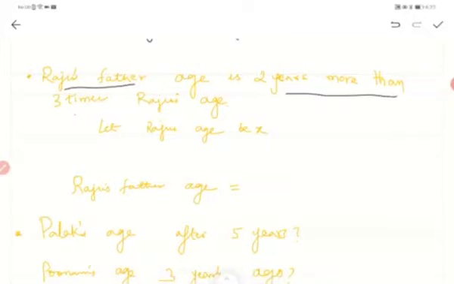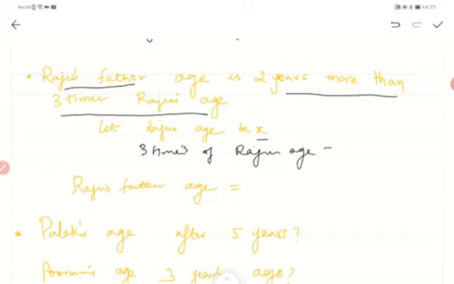So I will take, let Raju's age be x. Here we need to take 3 times Raju's age, so 3 times Raju's age will be 3x, right? x is Raju's age, so we are taking it as 3x.